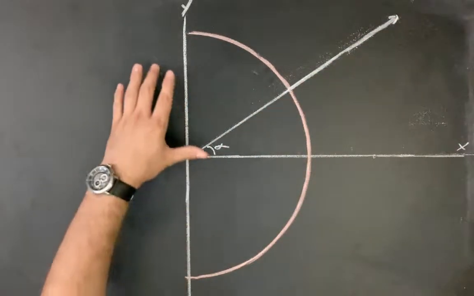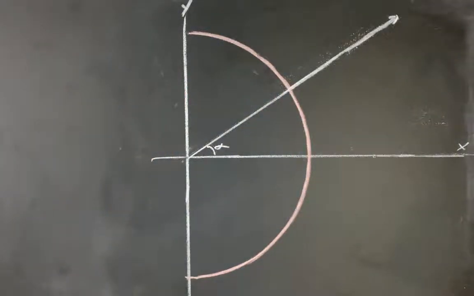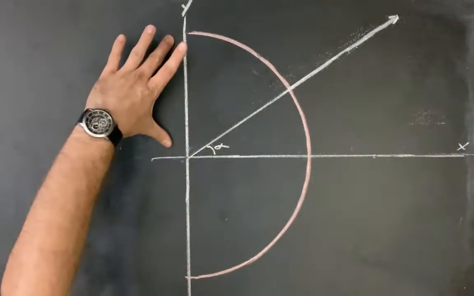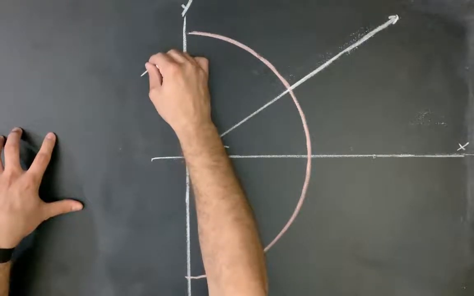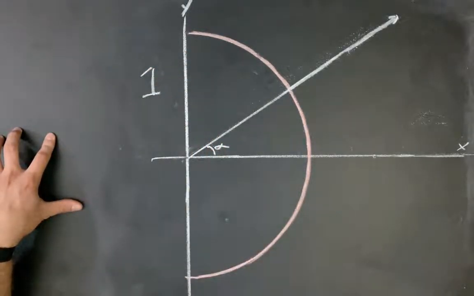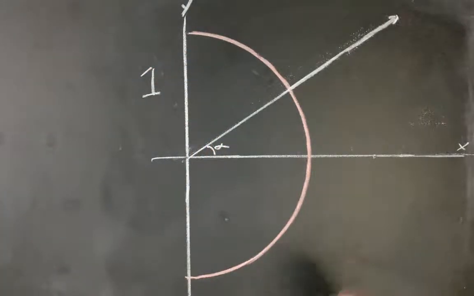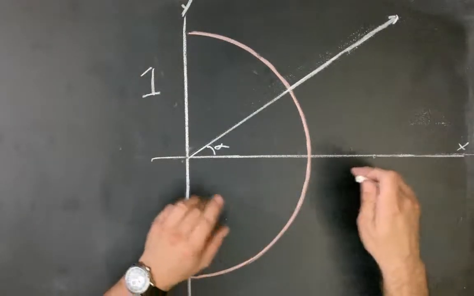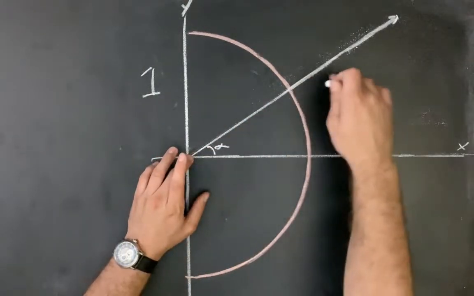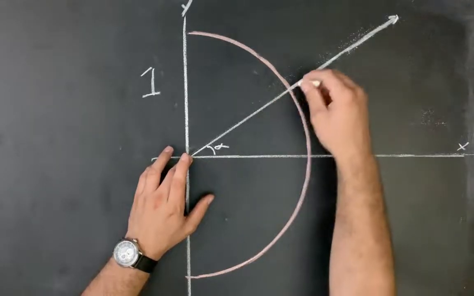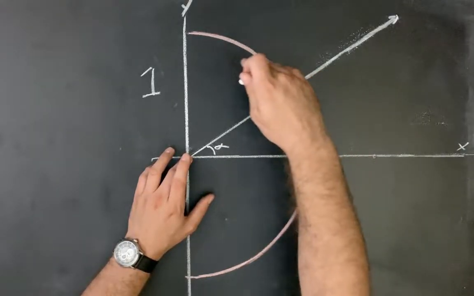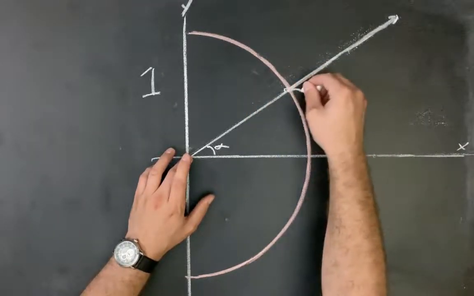From here we can see that we have the semicircle. We'll call this the unit circle. So the radius of a unit circle is 1. And we're going to call the point in which the ray from the origin created by angle alpha intersects with the unit circle, right here, point P.